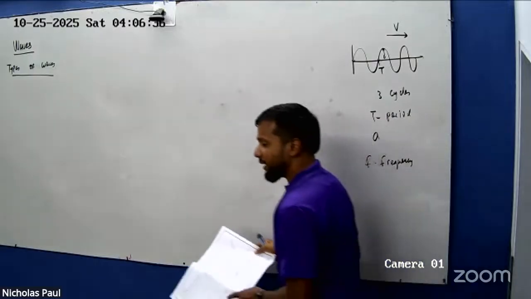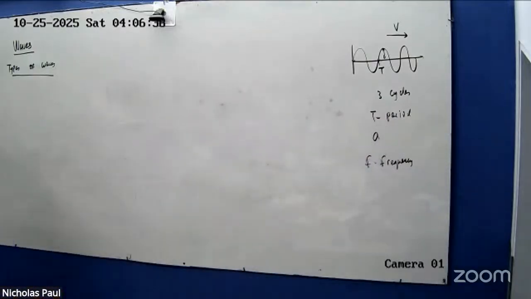Right, so there are two types of waves. Number one, progressive waves.